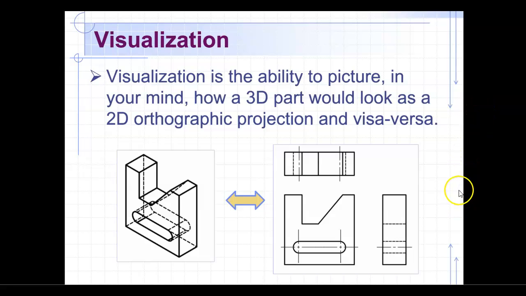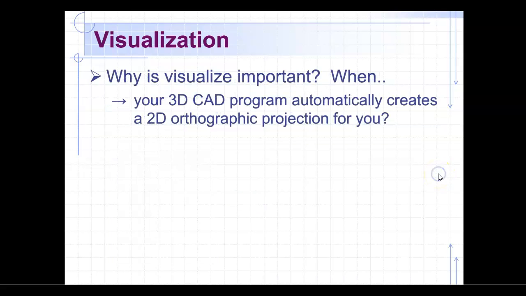So that is pretty common practice as we learn how to do these particular objects. And visualization is a key point here. We have to be able to visualize what that should look like in all of these different views.